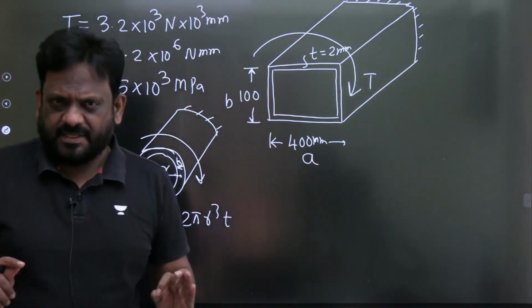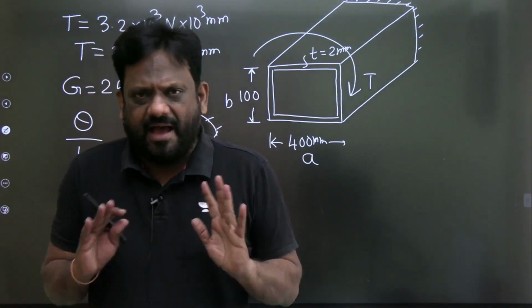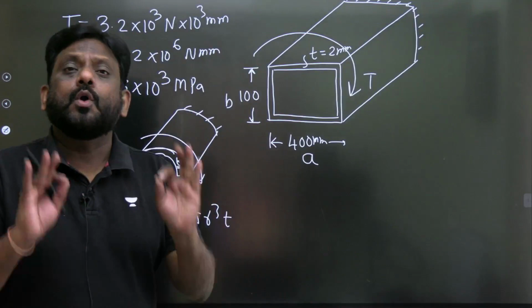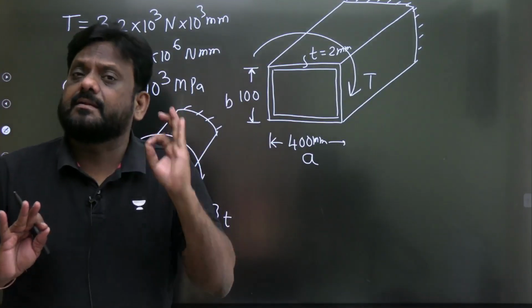You have to remember this, because in examination, if you start deriving, it will take a lot of time. I can derive, but I'm giving you a ready-made equation for the polar moment of inertia of a thin rectangular section.